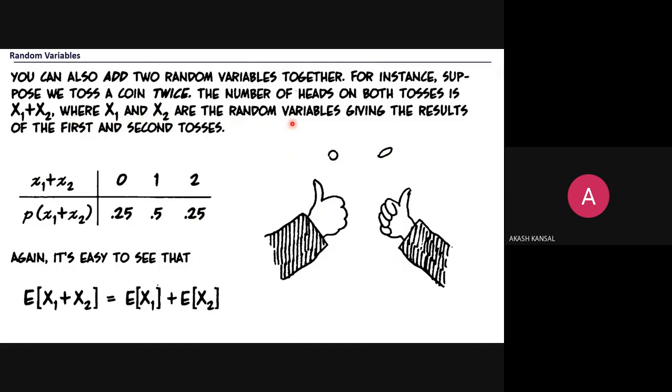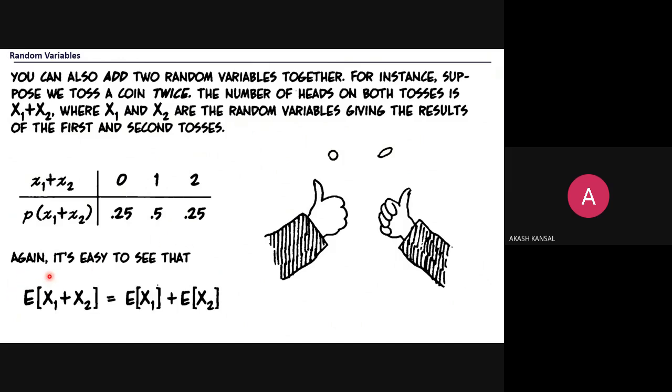Now let's see the possible values. Either you get no heads, which will be 0. Or you get a head on one of them, in which case X1 plus X2 will be 1. Or you get heads on both, and it will be 2. The corresponding probabilities are 0.25, 0.5, and 0.25.